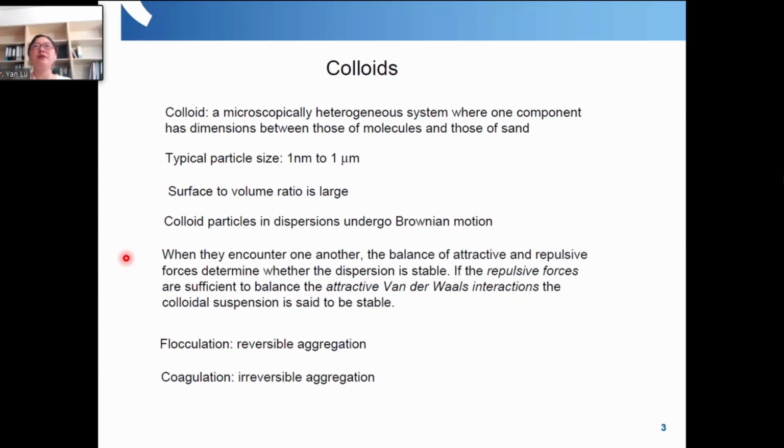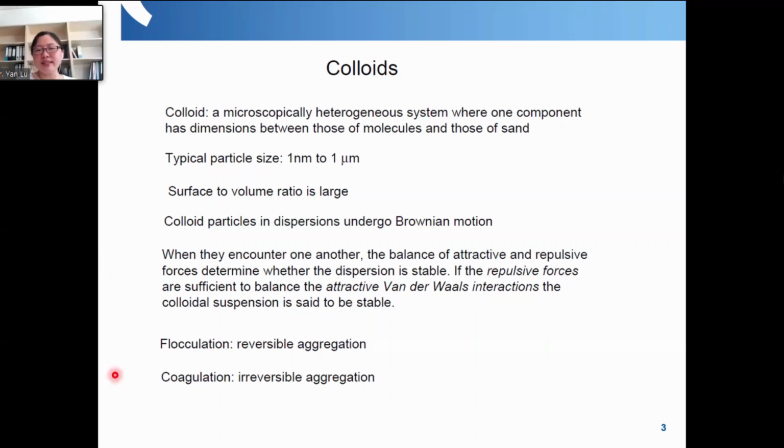Here we normally use dynamic light scattering, and the basis of dynamic light scattering is that we assume the particles have Brownian motion. If the particles are too big, they will not have this Brownian motion in solution, and then the DLS measurement is not suitable anymore to determine the particle size.